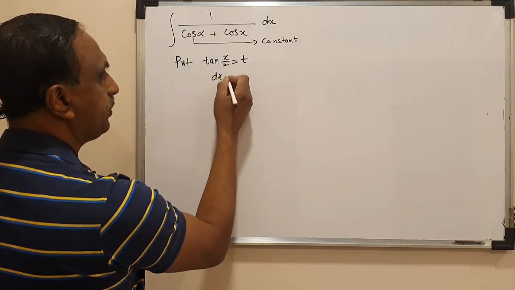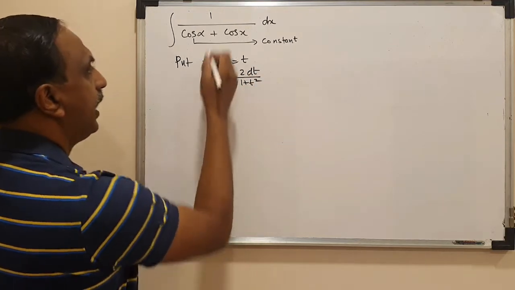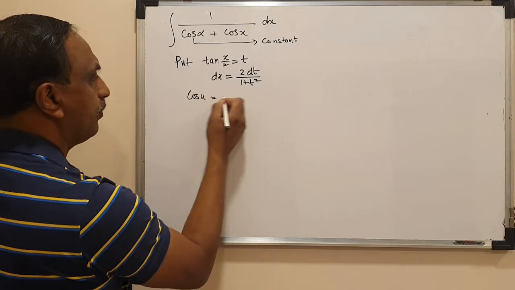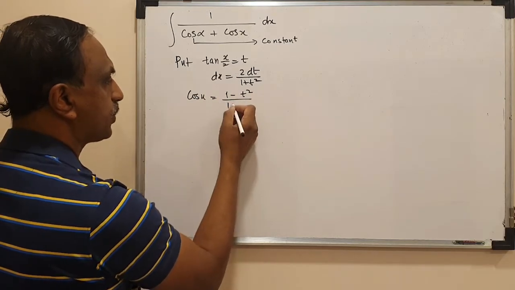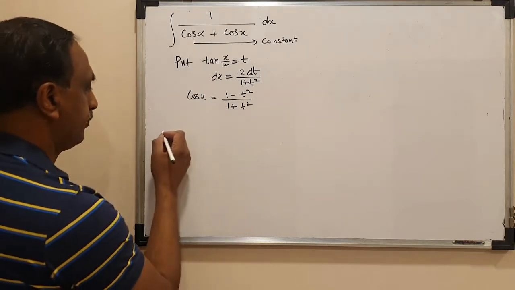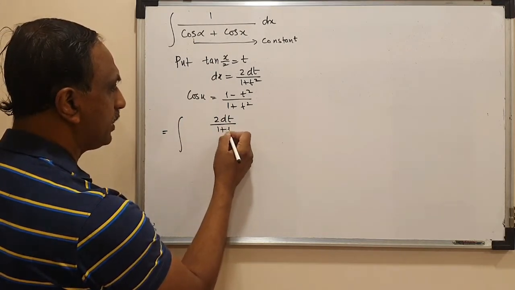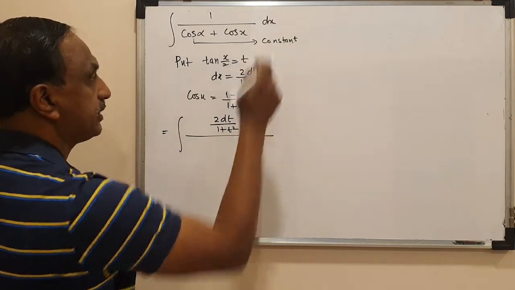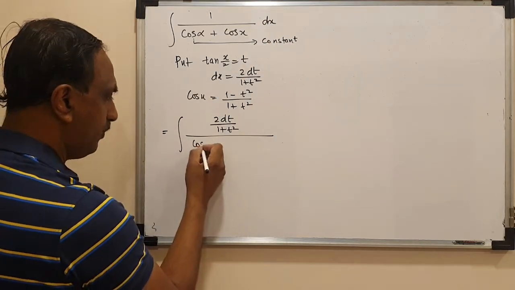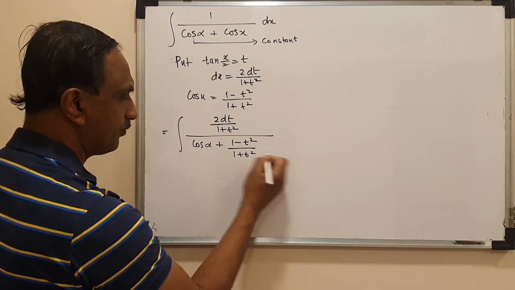So dx becomes 2 dt upon 1 plus t square, and cos x will be replaced by 1 minus t square upon 1 plus t square. But remember, cos alpha is a constant, it will remain as it is. So this became 2 dt upon 1 plus t square. This is what I replace instead of dx. So cos alpha will remain as it is, plus 1 minus t square upon 1 plus t square.